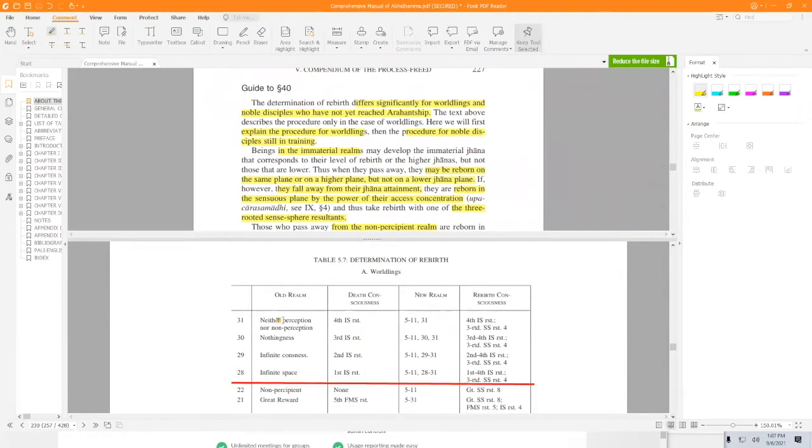Okay. So those beings in the highest immaterial plane of existence, the plane of neither perception nor non-perception, will take rebirth either back into the plane of neither perception nor non-perception, or if they don't maintain their meditative absorption, then they'll fall away from the immaterial plane of existence and come back to the sense sphere plane of existence with a rebirth consciousness with 3 roots.